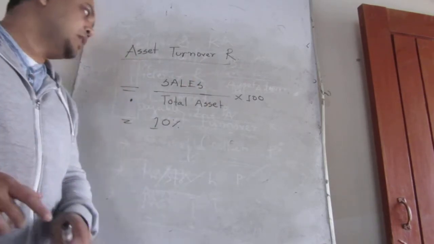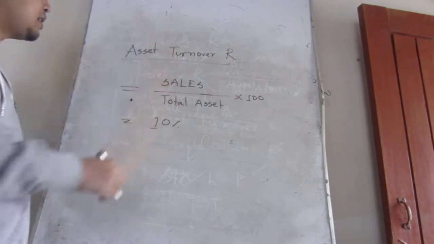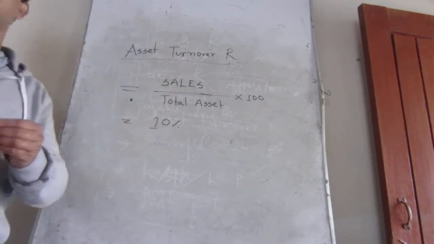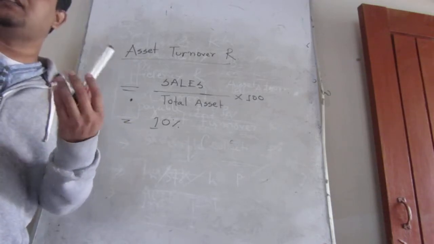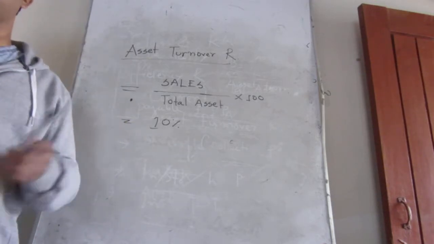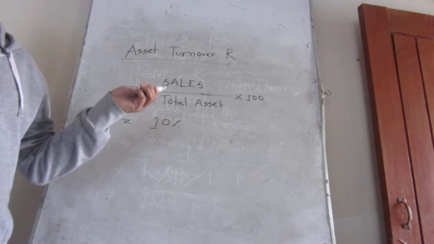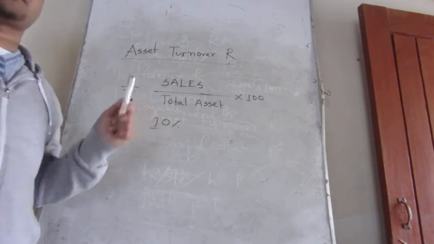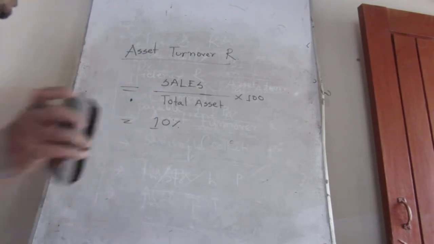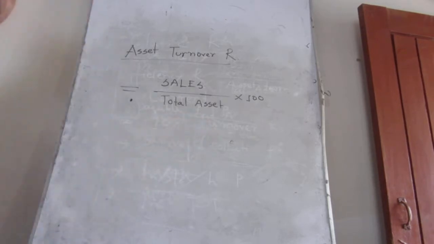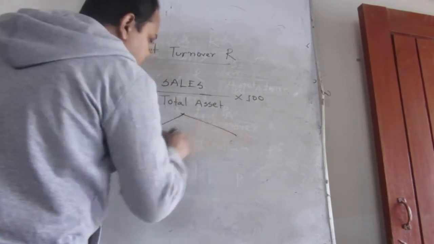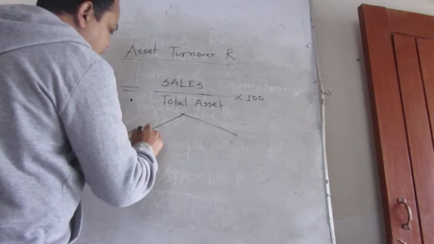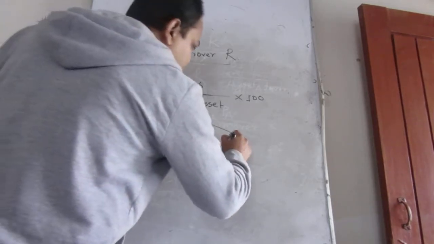So if I'm generating more sales compared to another company, then I'm more efficient. Understood?